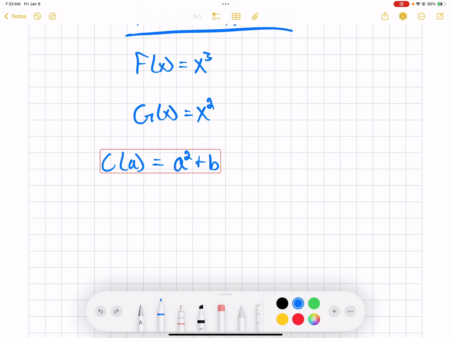Now, what if I wanted to say B is the independent variable and A is the constant? Then what I would do is change this function.